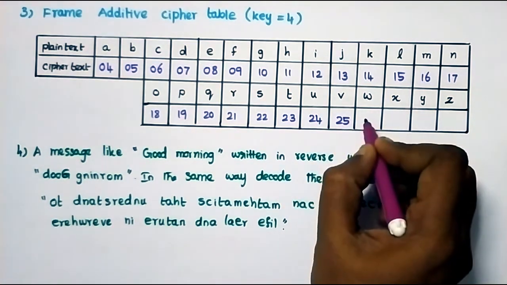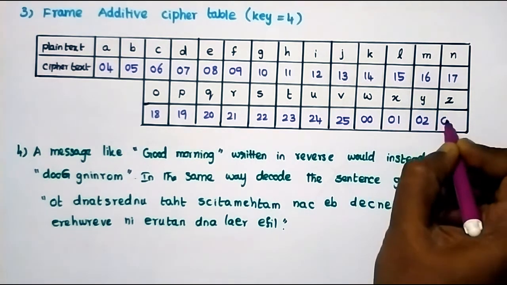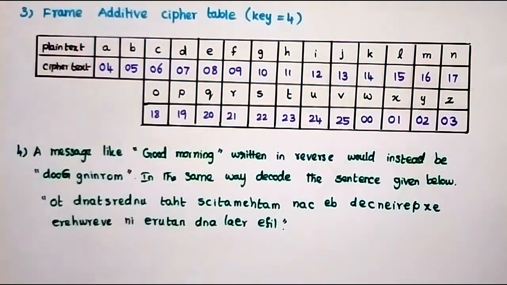Again starts from 0, 0 0, 0 1, 0 2, 0 3, here 0 4. So that is the answer.